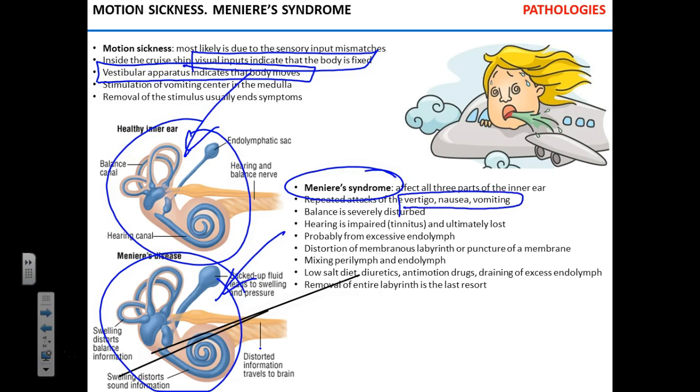Essentially the patient experiences motion sickness without any significant motion. Okay, this time, because if you think about this, it's sort of false stimulation of those receptors. Okay, eventually hearing becomes impaired because accumulation of endolymph will mechanically damage the spiral organ.